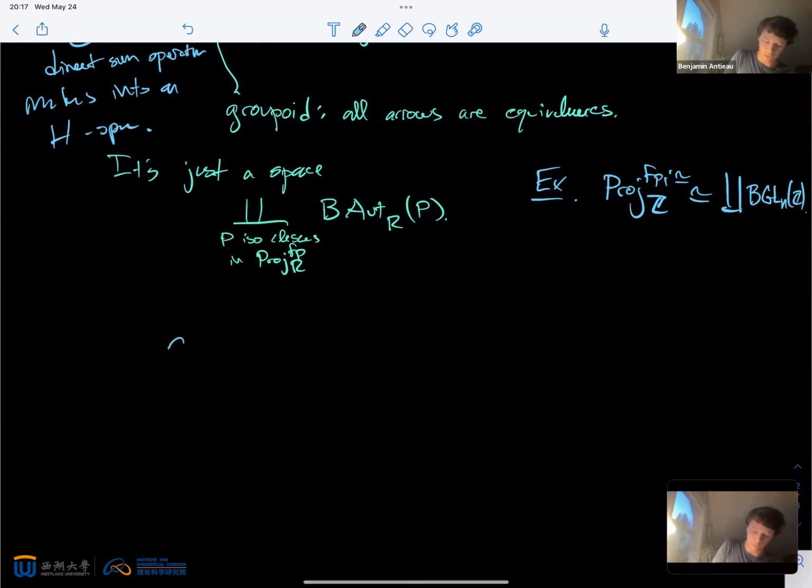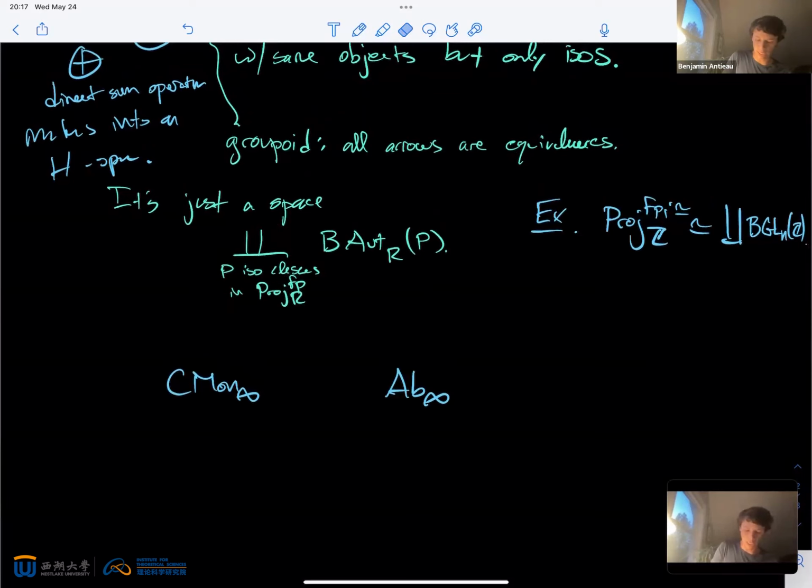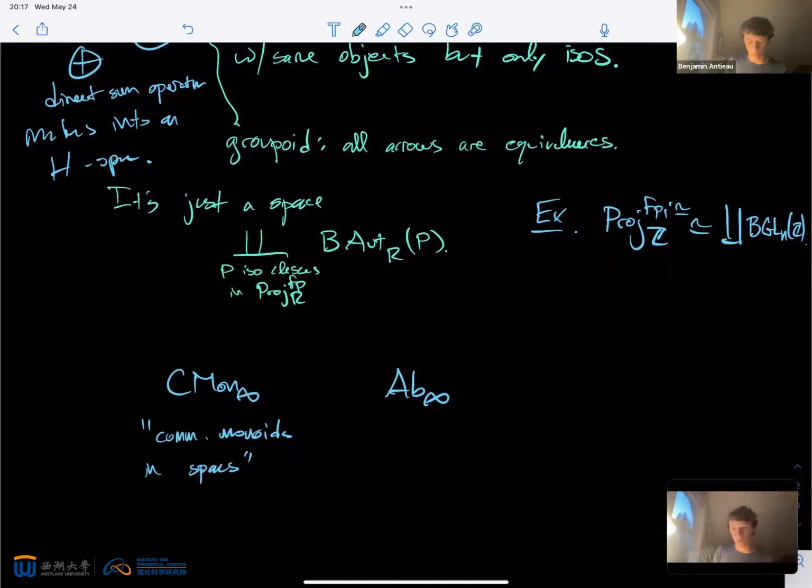I'll say I have CMon infinity and Ab infinity for the purposes of this talk. CMon infinity, you know, I'll put it in quotes, these are commutative monoids in spaces. And if you want me to put it not in quotes, what they're really like is E infinity spaces.